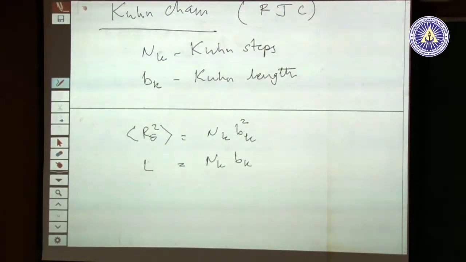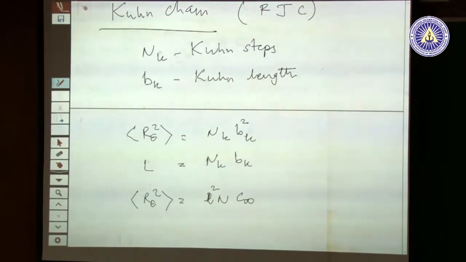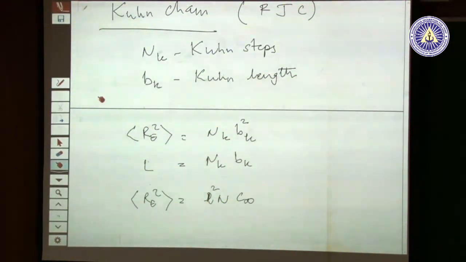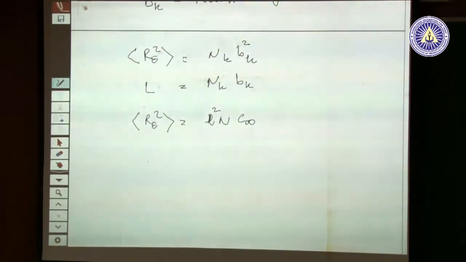So if we compared it with a freely rotating chain, what do we know about it? Re squared is L squared n times C infinity. And how do I find the length of my freely rotating chain? Let us say I have this vertical line, and I line up my freely rotating chain.